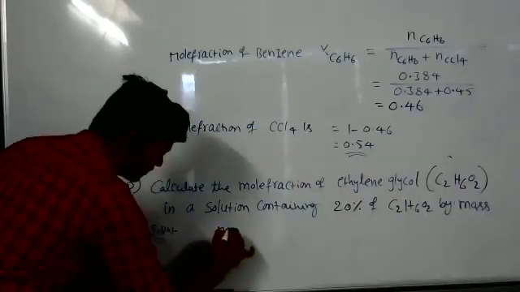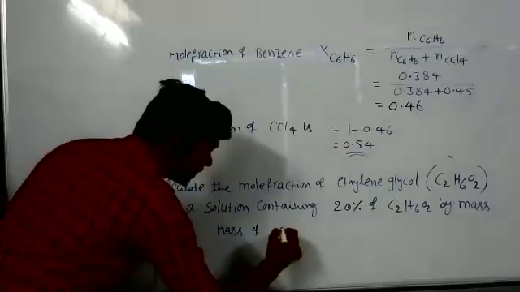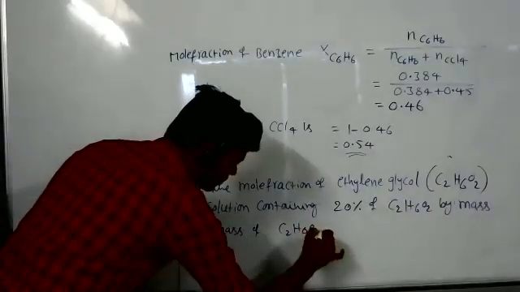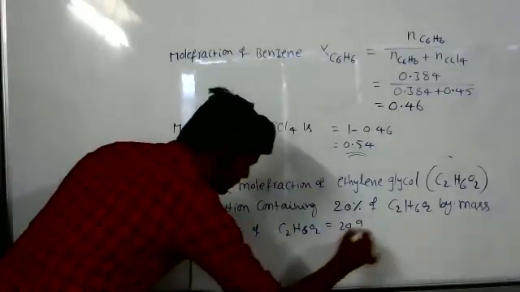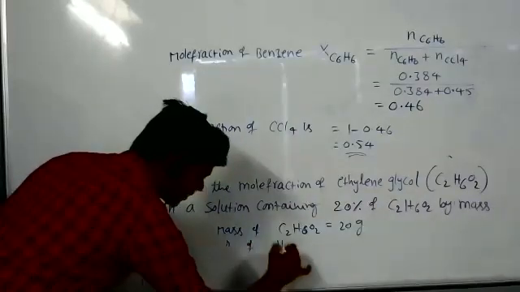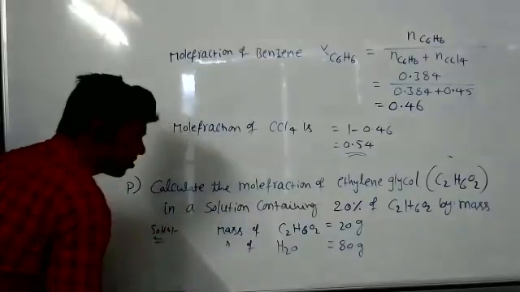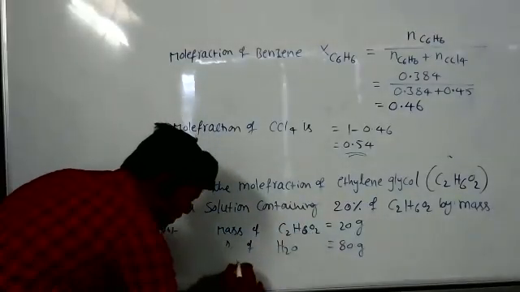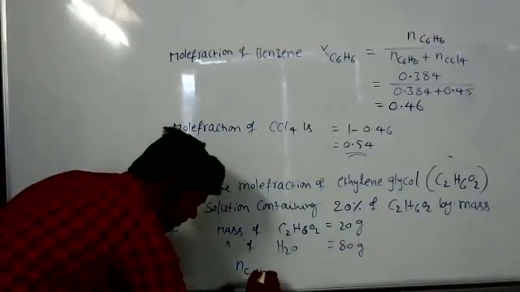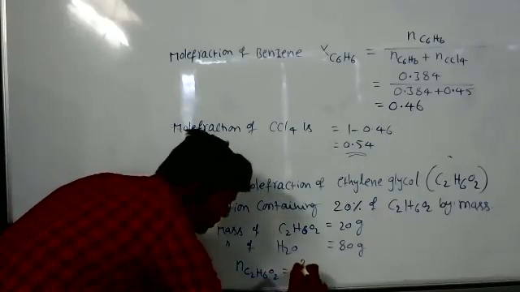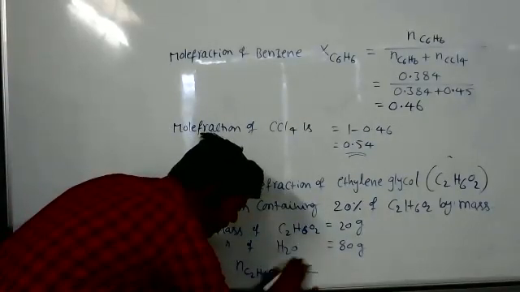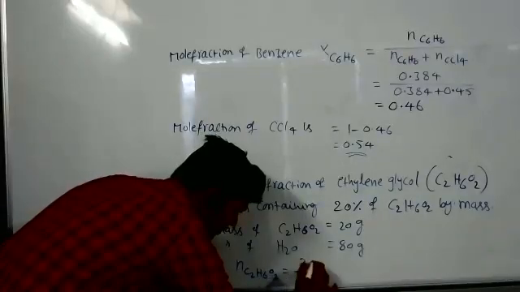So here mass of ethylene glycol, C2H6O2, is equal to 20 grams. Then mass of water is 80 grams. How many moles of ethylene glycol? What is molar mass of ethylene glycol?